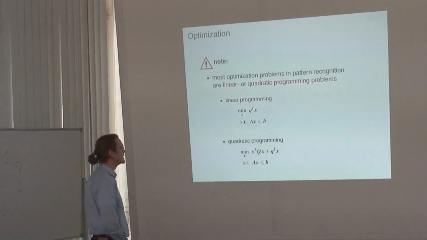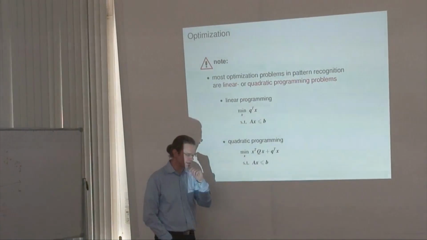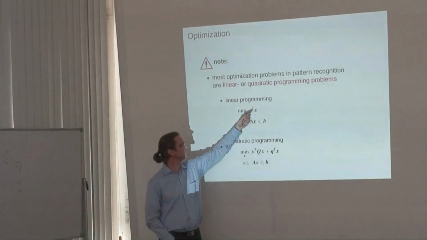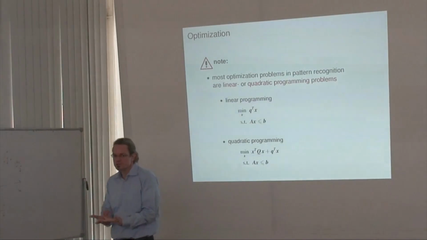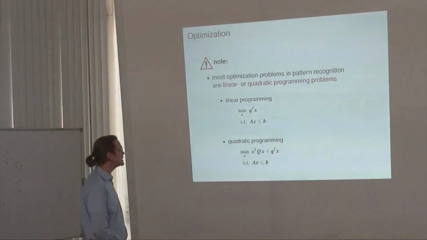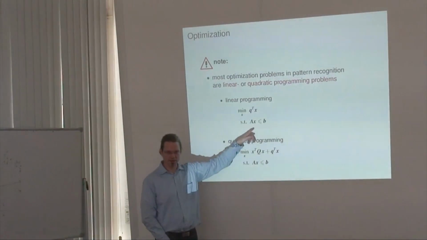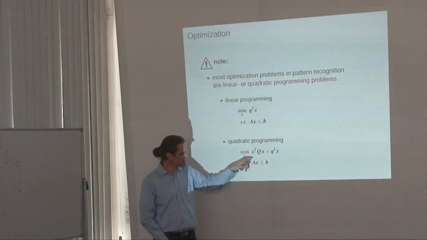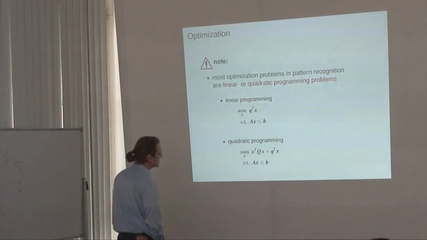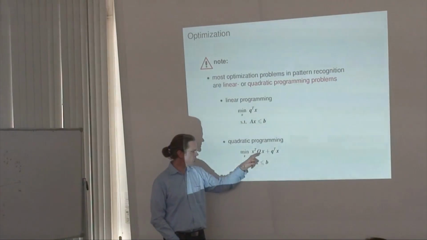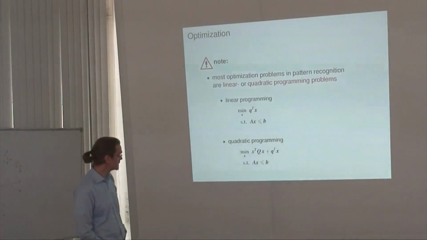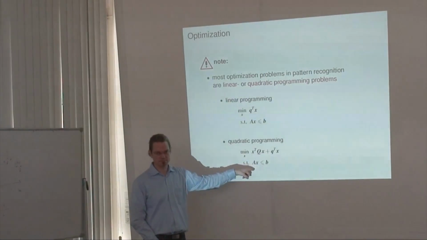That is to say, a linear programming problem is a problem where we want to optimize some linear function over a vector of variables x under constraints like these, under half-space constraints. And a quadratic programming problem is a problem where we want to minimize a quadratic form in a vector of variables x under typically half-space constraints.